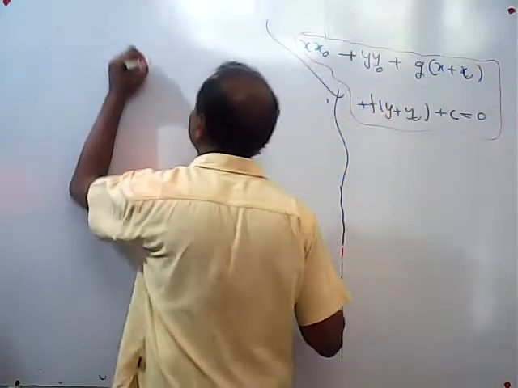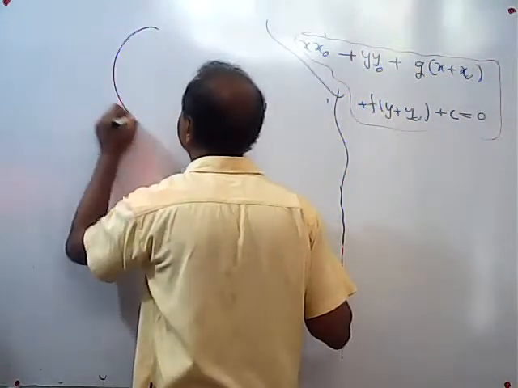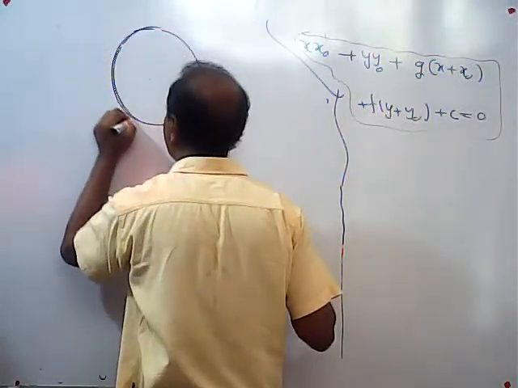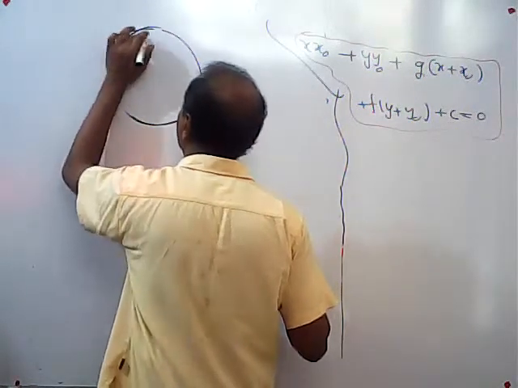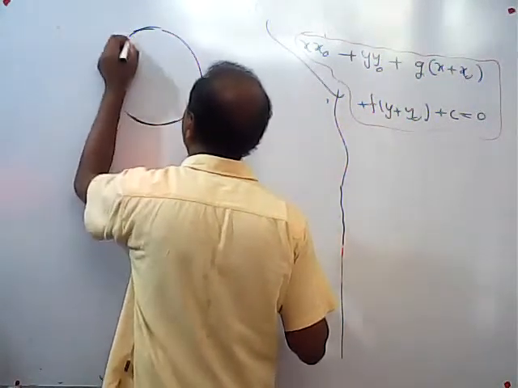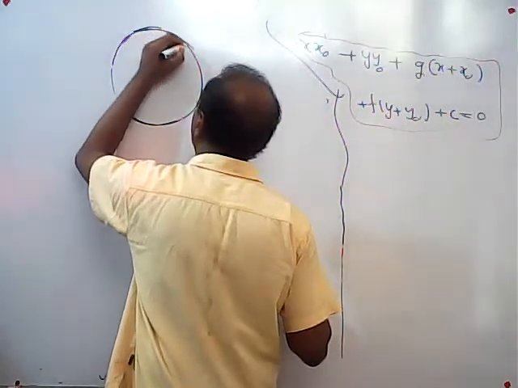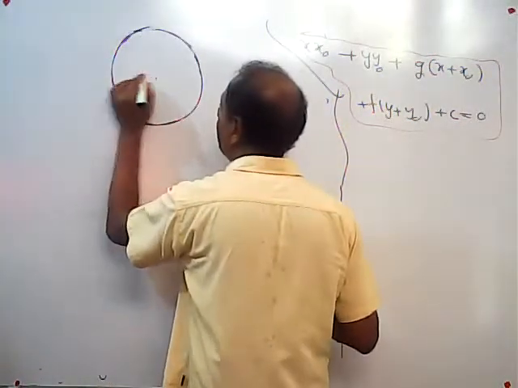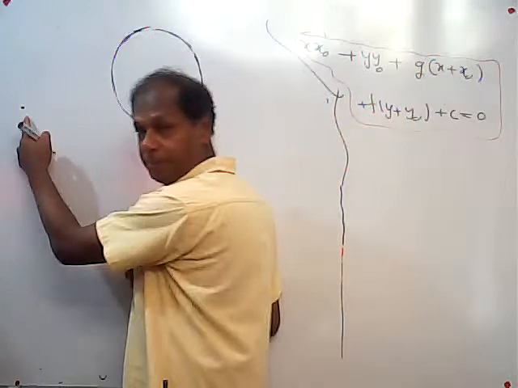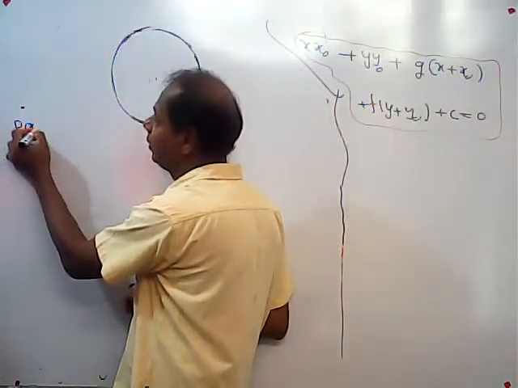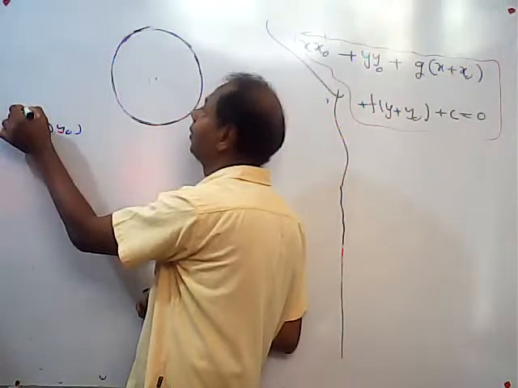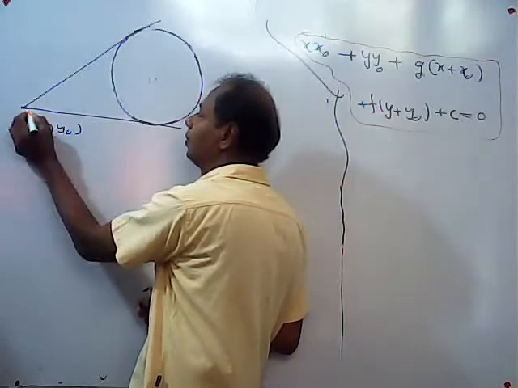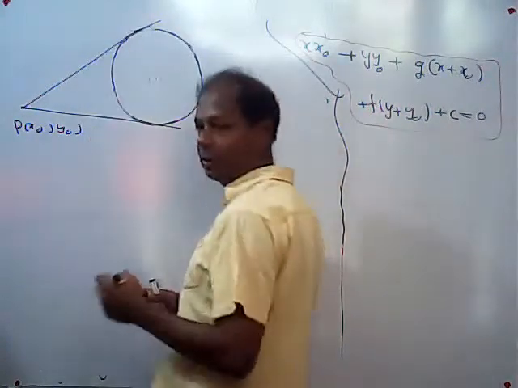Okay. So with the circle, with the point P outside the circle, these are the two tangents from P to the circle.